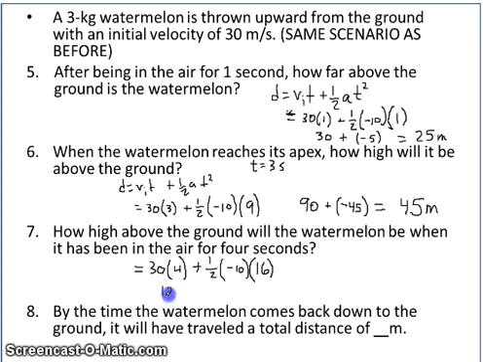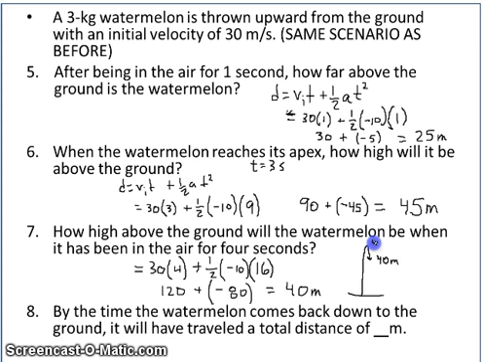That's 120 over here. 16 times negative 10 is negative 160, times 1/2 is negative 80. So 120 plus negative 80, I get 40. So this watermelon goes up, takes 3 seconds, goes 45 meters, and in 4 seconds it's going to be 40 meters off the ground.